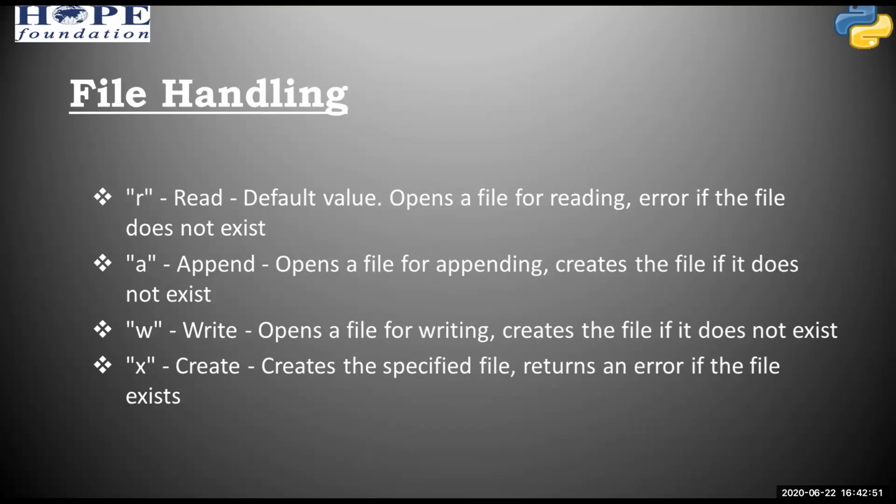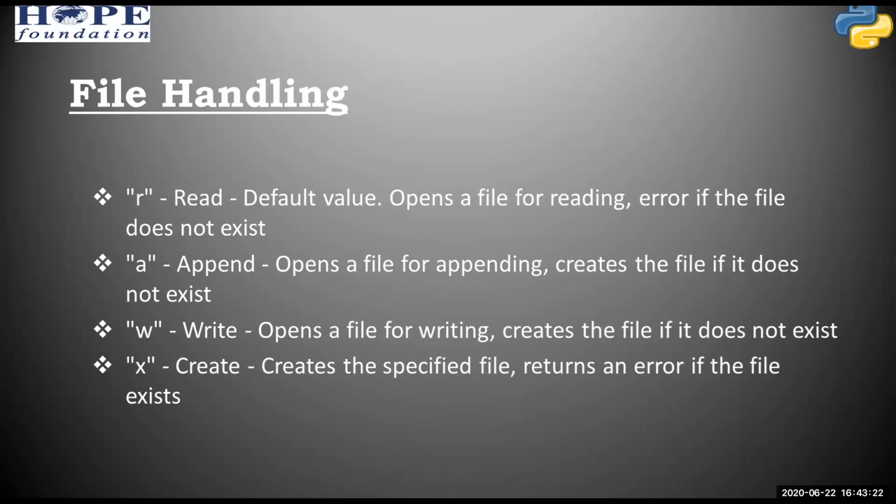So R is used to read the text file, and A is used to append the text file. Append, we have already seen during Python list classes. Append means we can add the value, or we can add the text at the end of the file, right?